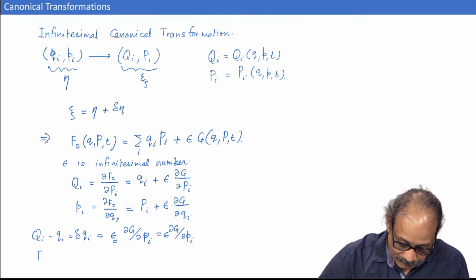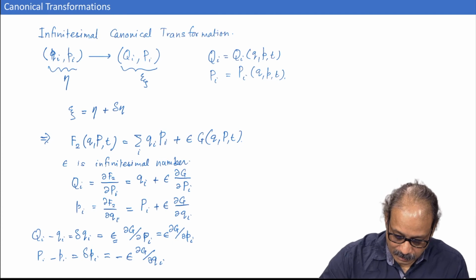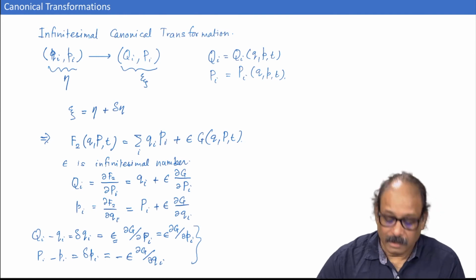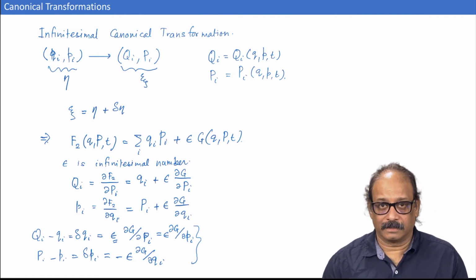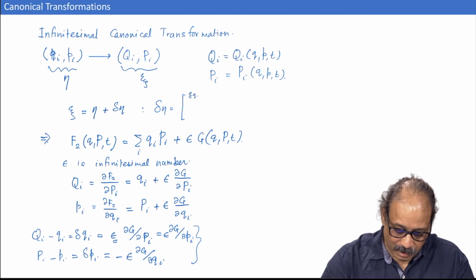And similarly, capital P i minus small p i, this will be equal to delta p i, and this will be equal to minus epsilon del g by del q i. Okay. All right. Now, look at these two equations. I can put them in the matrix form again. So, delta eta, this is nothing but in the matrix form you have delta q 1 all the way going up to delta p n. Okay.